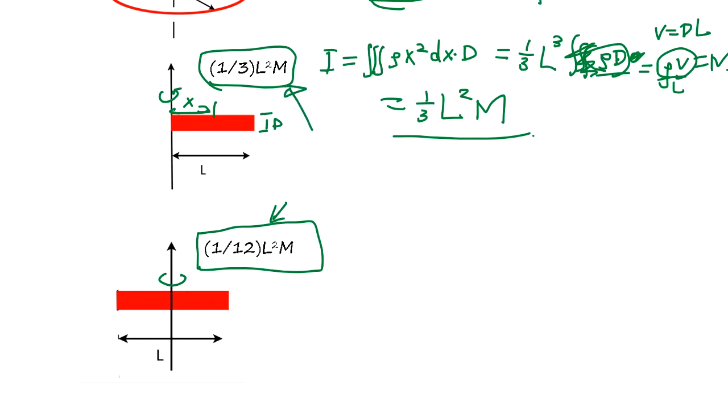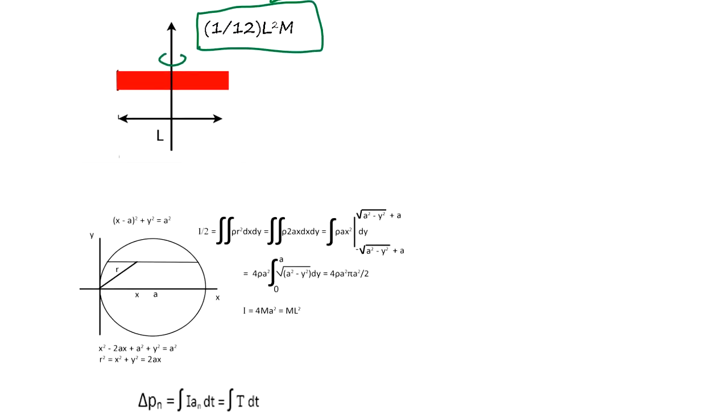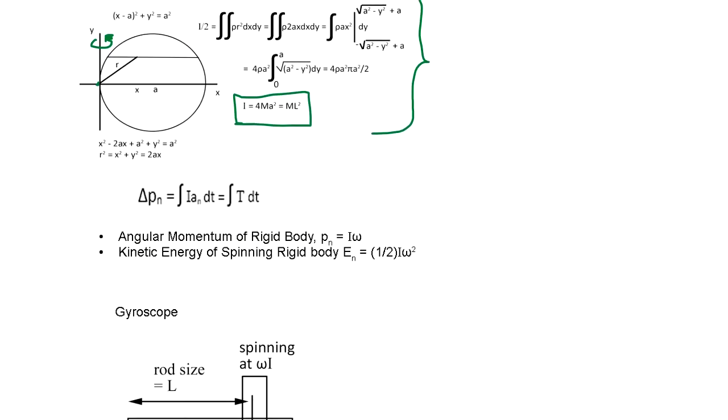It's one-sided. Now we consider the circle spinning at the edge, not in the middle. Go through this integral, we will get this. Amazingly, the moment of inertia is very simple for this. So that's the moment of inertia.